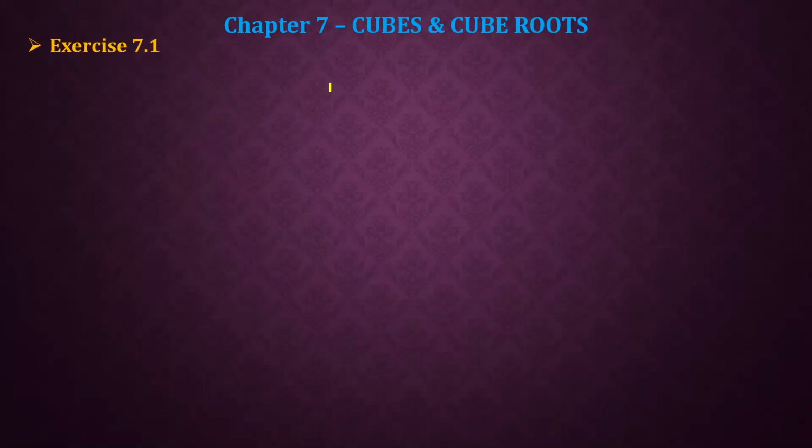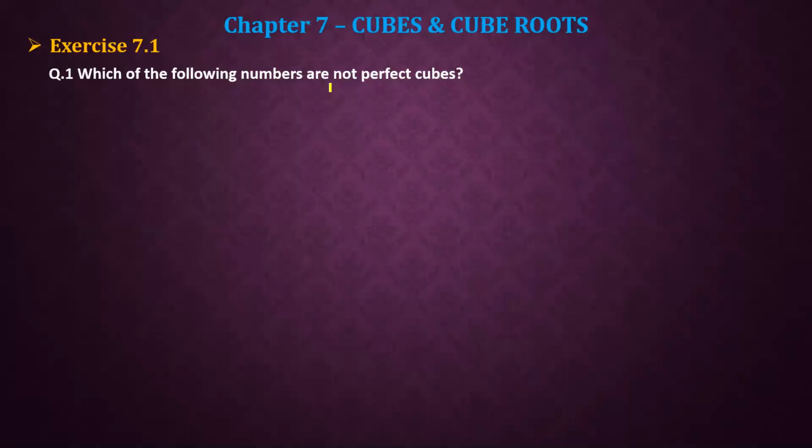So different types of examples are there, and in each type of example we are going to follow different methods to solve those examples. Now the first example from the exercise 7.1 is a very simple type of example.